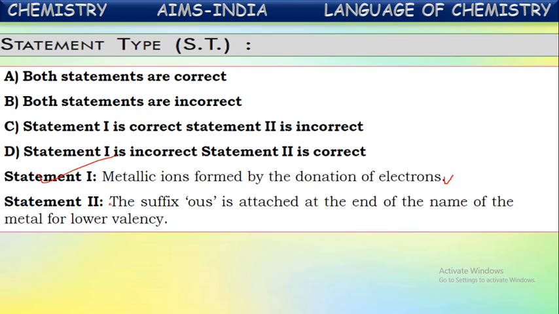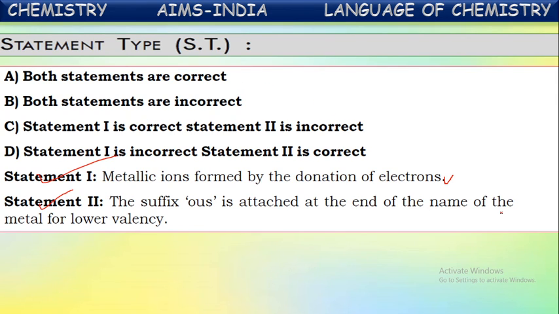Yes, if an element is exhibiting two valencies, then the ion with lower valency is named by attaching OUS at the end of its name, and the ion with higher valency is named by attaching IC at the end of its name. So lower valency is mentioned with OUS. This is also correct. So both statements are correct.